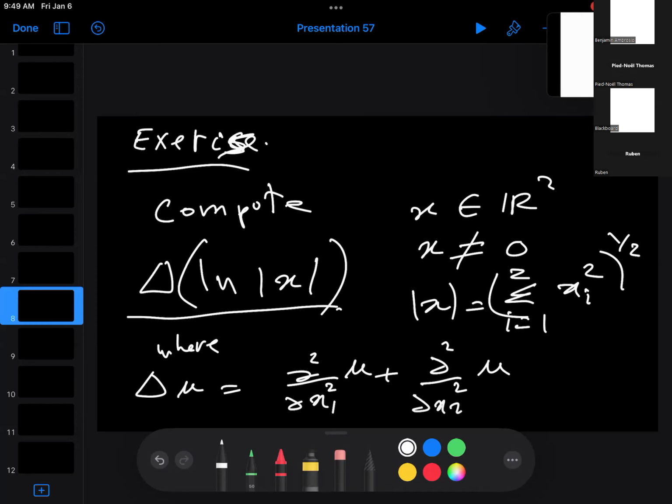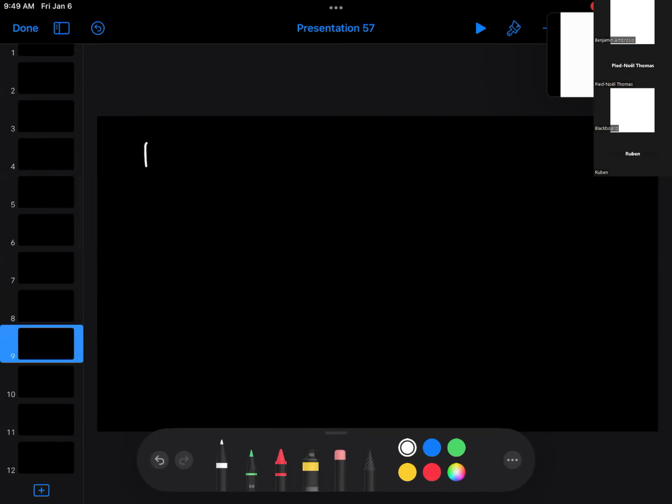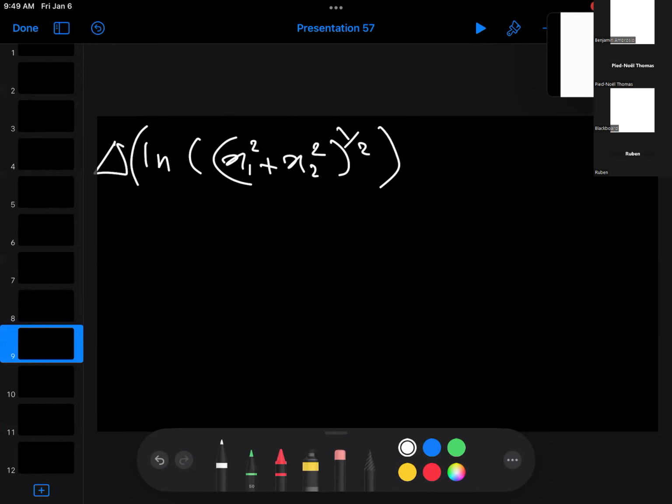So let's compute this term here. We want to compute the Laplacian of the log of the norm of x. So it's x1 square plus x2 square, and the square root of that. Let's start with the first order derivative.